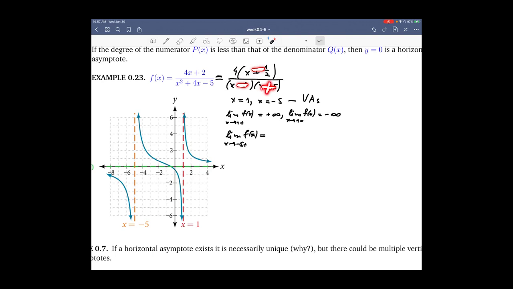So the entire fraction is positive. And you can check that on the left, it will be negative, because this is now negative, this is negative, and this is also negative. So the entire fraction is negative.